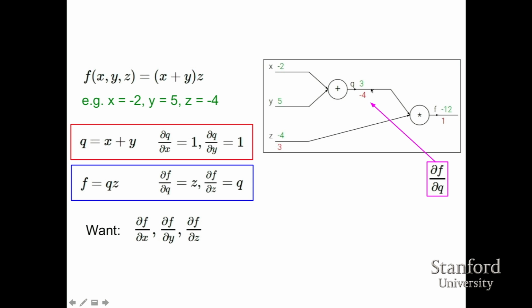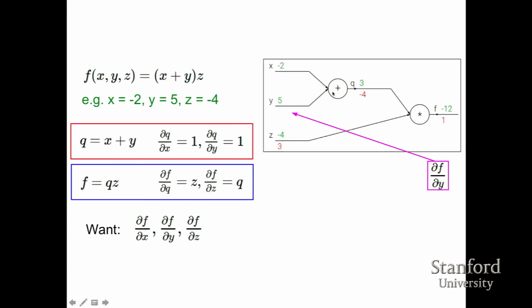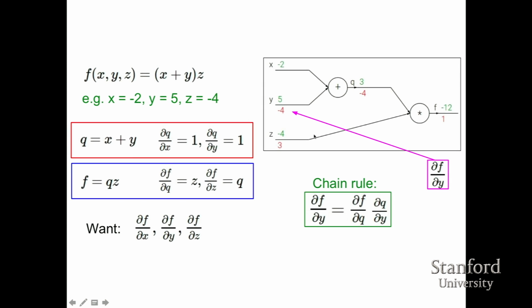And now we're going to move through this plus node to compute the next lower derivatives here. We end up at the final nodes, the final leaf nodes, if you will, of this tree structure. And we want to compute the df dy. Now, for df dy, we basically want to use the chain rule, and we multiply what we have in the previous one, df dq, which is the error signal coming from here, times dq dy, which is the local gradient.